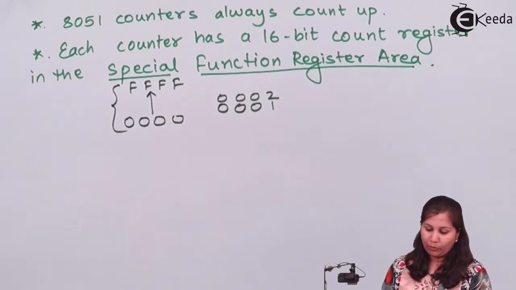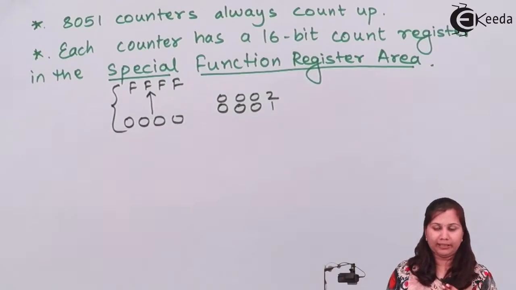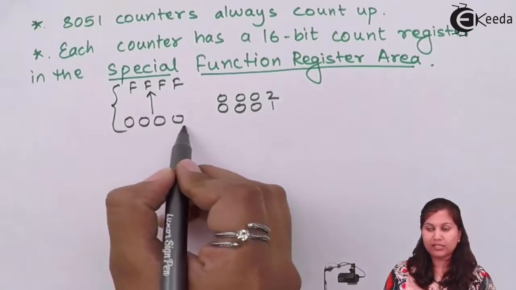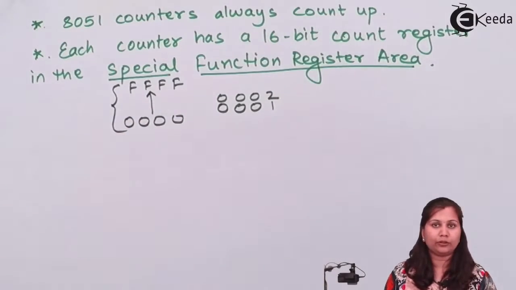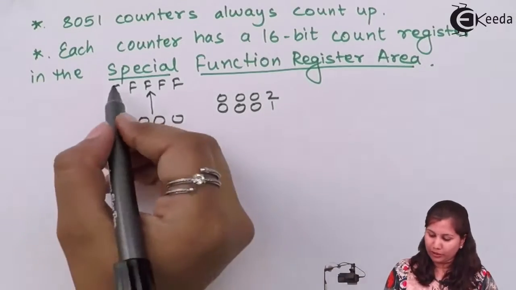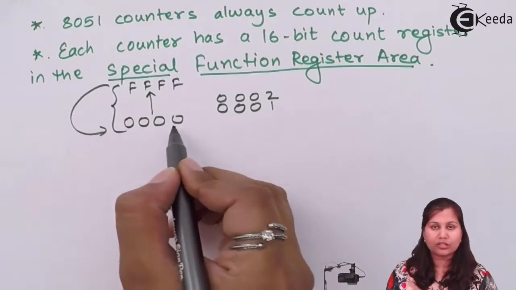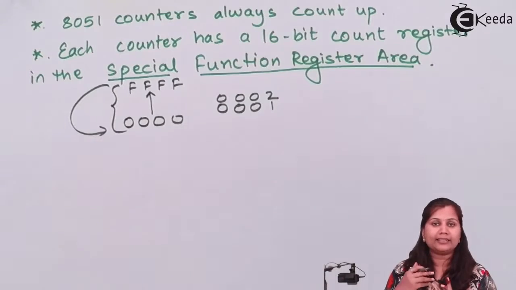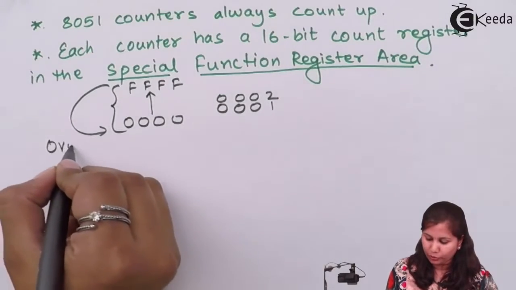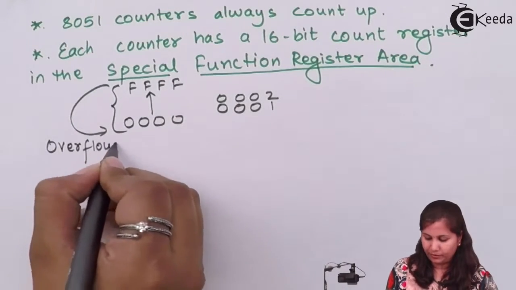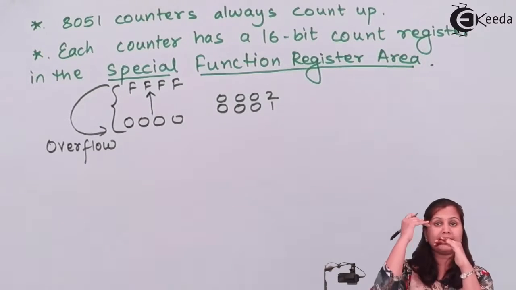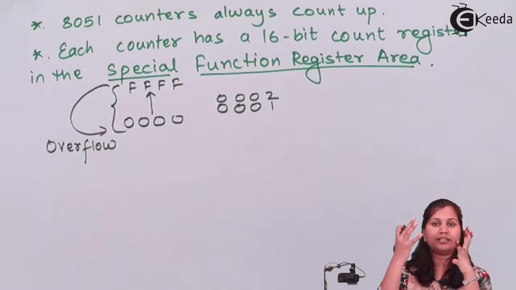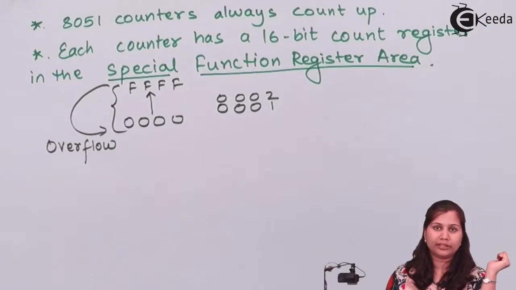Okay. Now when this counter is initialized with 0000 and it is incrementing and it reaches the maximum value, and again it is incremented, it is going to come back to 0000. Okay, and that condition is called the overflow condition. Means the counter has reached its maximum value, again it is incremented, and that condition is called the overflow condition.